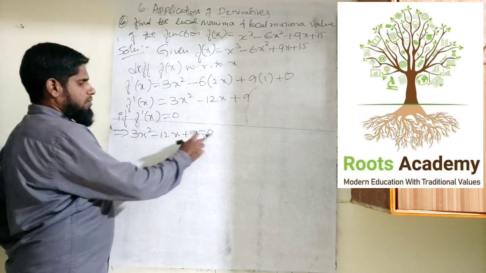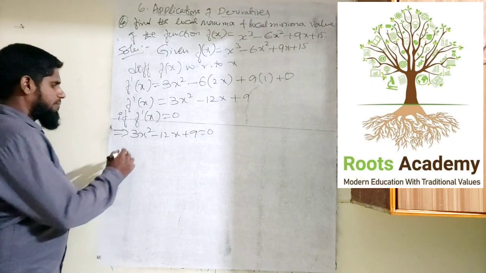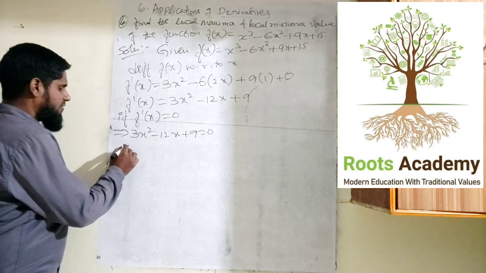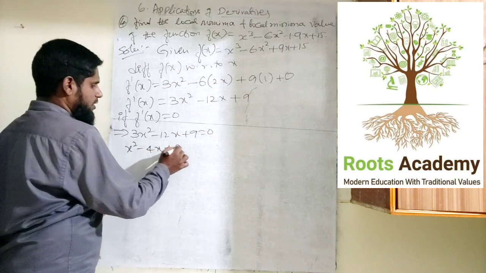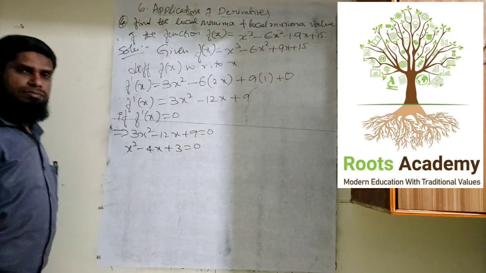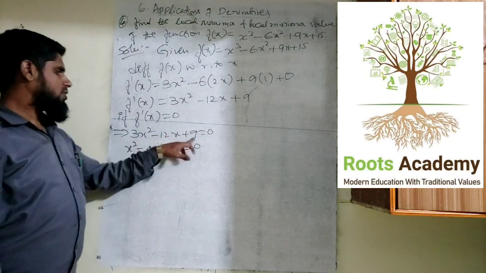Since it is divisible by 3, let us divide by 3. What will we get after division? We will get x² − 4x + 3 is equal to 0. 3 ones are 3, 3 fours are 12, 3 threes are 9.